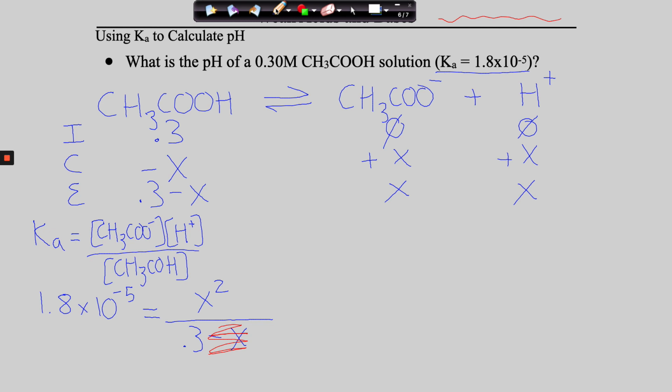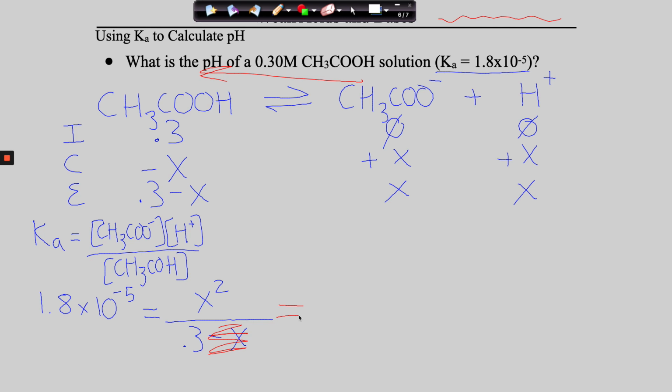That means that this equilibrium lies hugely in this direction, which tells us that not very much of this is going to break apart, especially compared to all that we had to start with, which is 0.3 molar. And so guys, because the amount that this breaks apart is so small, it actually becomes a rounding error in our math. And because it's a rounding error in our math, we just get rid of it. And now guys, this becomes the easiest question on the planet to solve.